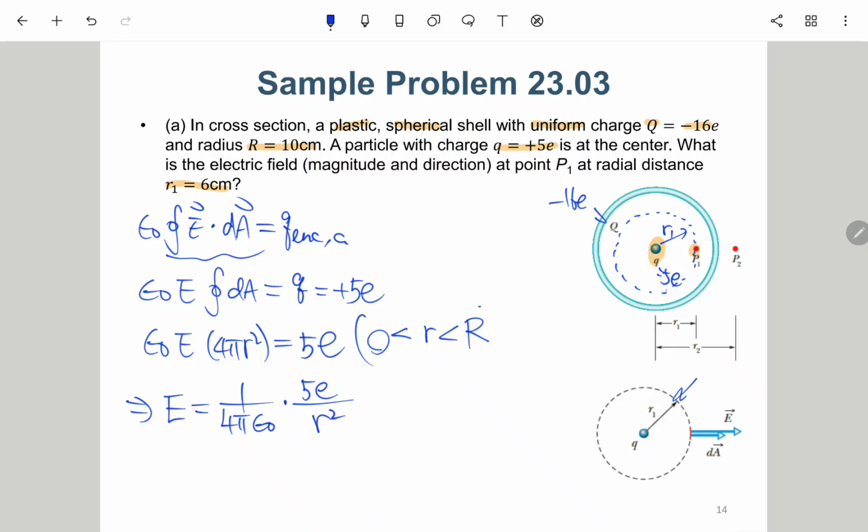For this range, R should be correct, because we can just enlarge or make the Gaussian surface smaller. Make this sphere smaller or bigger, it still encloses this small cube, so it will still be correct.